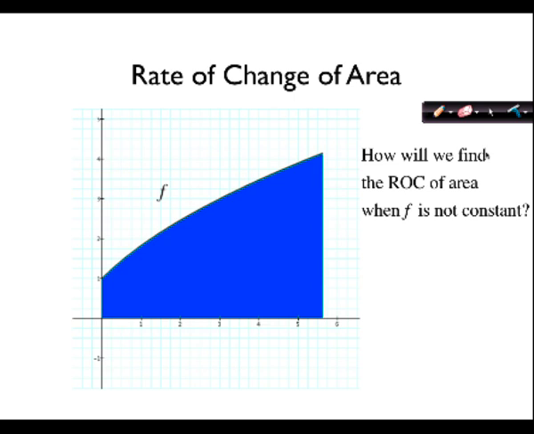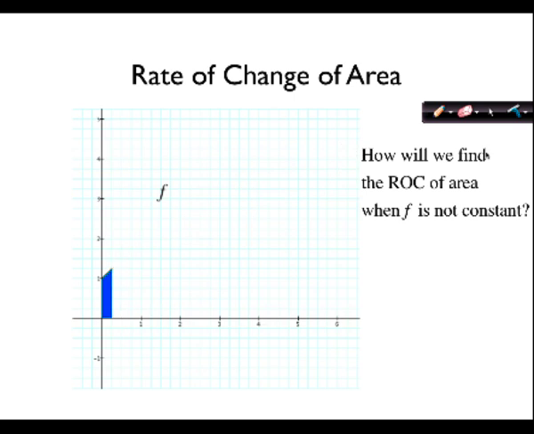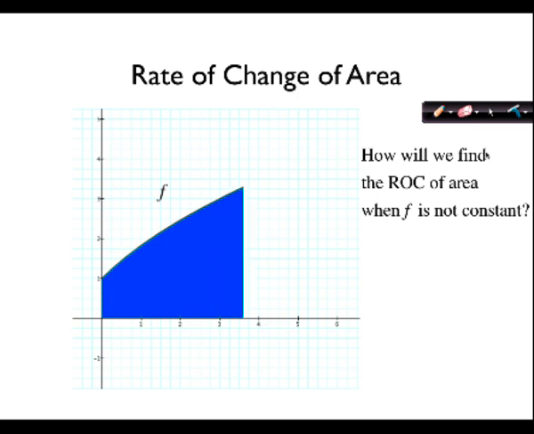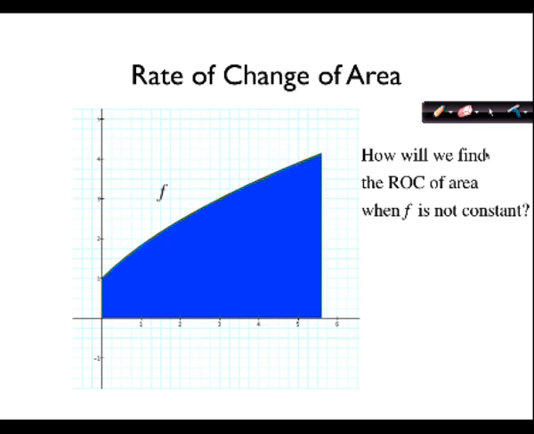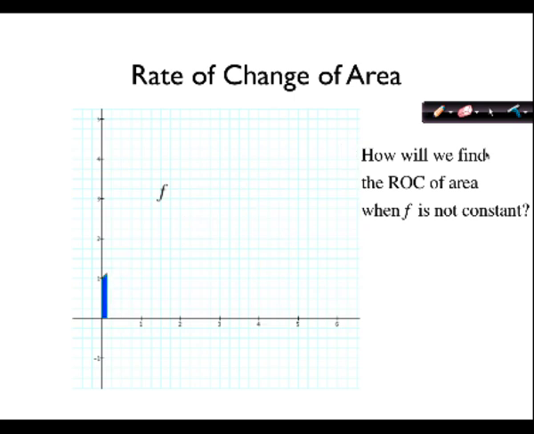So what did we do to move forward from there? Yes, sir. We're going to break it up into intervals and look at constant rates over each interval to mimic that function.